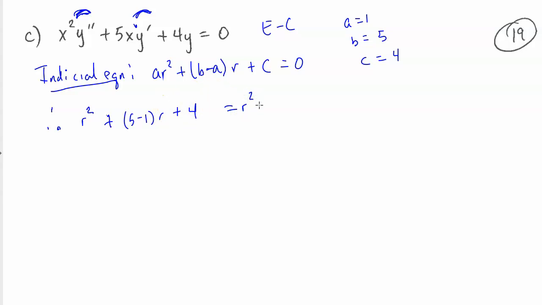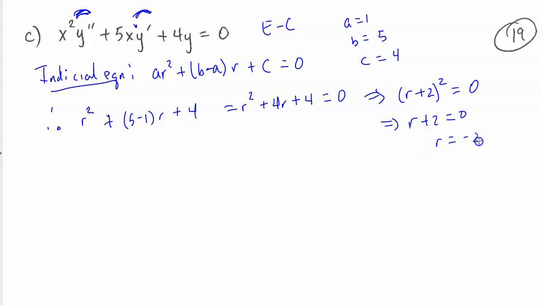So that's just r squared plus 4r plus 4, and all that equals 0. If we factor that, that would be (r plus 2) times (r plus 2). And from here, we know that r ends up equaling negative 2.